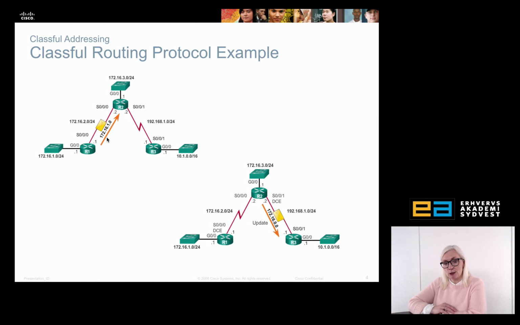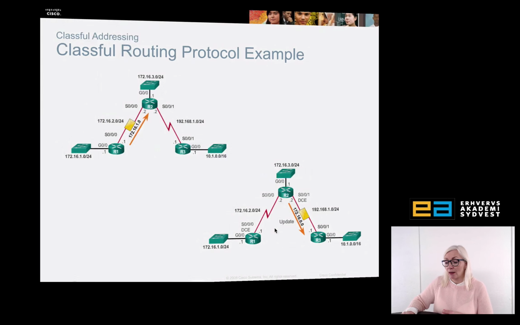So this is a class B. And then it will send out an update of 172.16.0.0. So it will automatically change it to the classful boundary and the classful subnet mask, and we'll only know about that since it is a classful routing protocol.